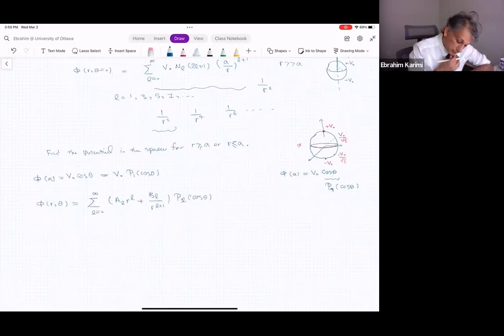So we have two conditions where we want to solve the problem: r greater than a or r below a. Let's start with r greater than a. Then A_L will be equal to 0, because when r goes to infinity the potential should be limited and should go to 0.